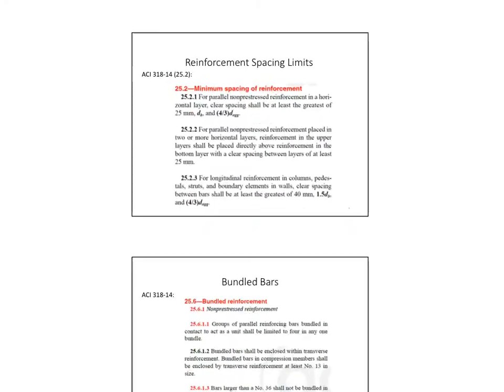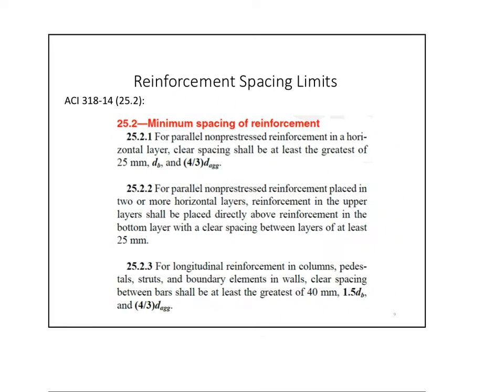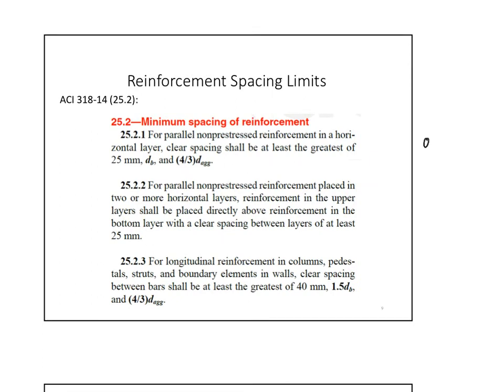This part we talked about before is the minimum spacing requirements between our reinforcement. So generally speaking, what am I looking for when I'm placing two reinforcements next to each other? I want to be able to flow my concrete nicely and easily between them, right?